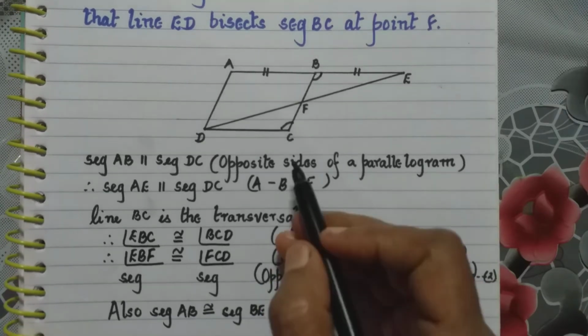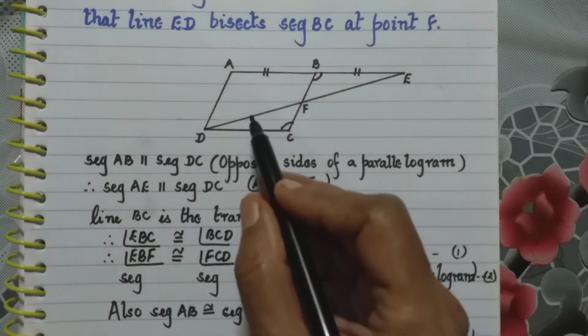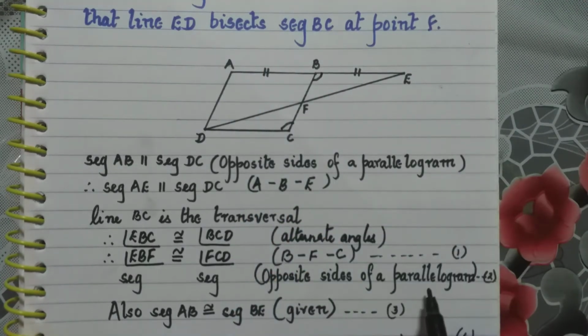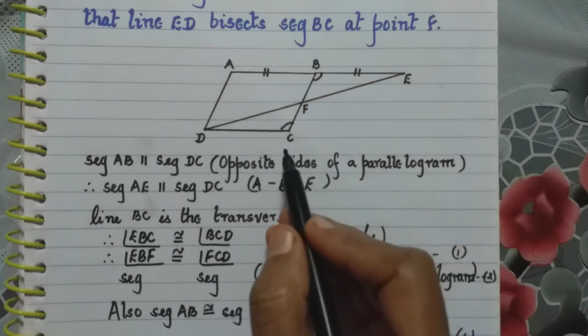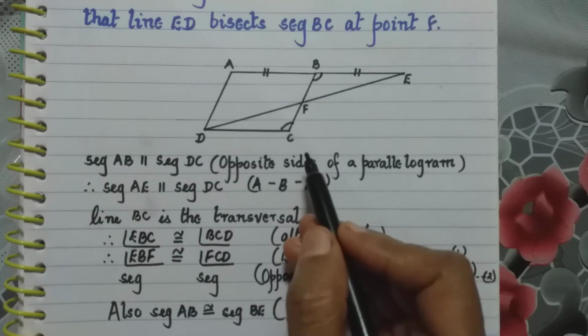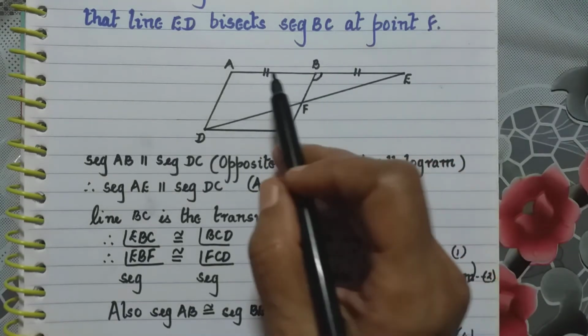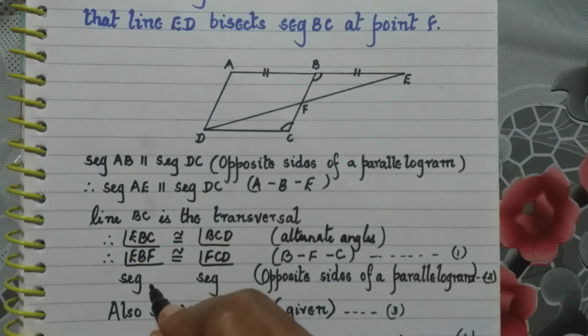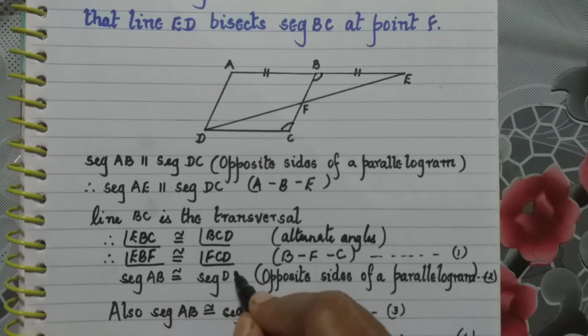Now, we also have that the opposite sides of the parallelogram are congruent to each other. Which opposite sides? Segment AB and segment DC. So I write segment AB congruent to segment DC.